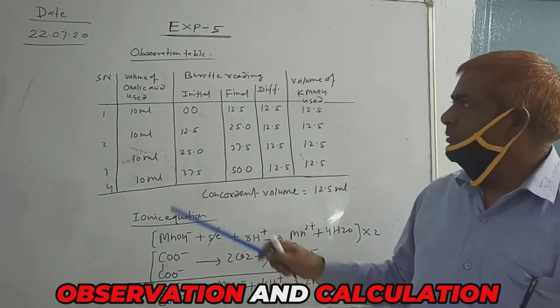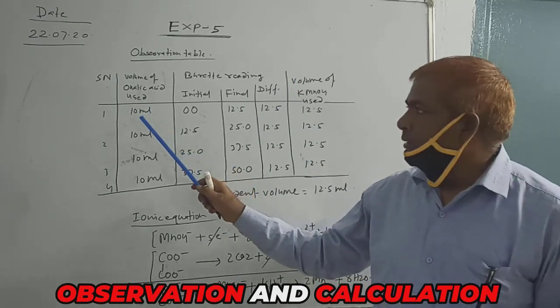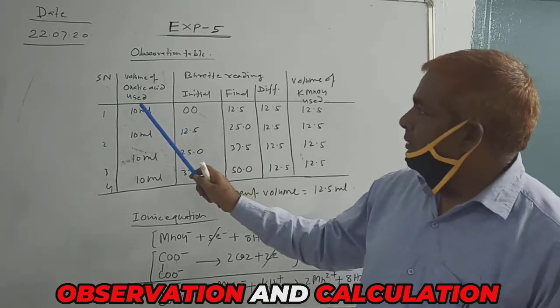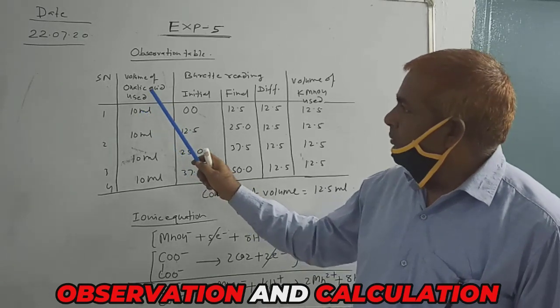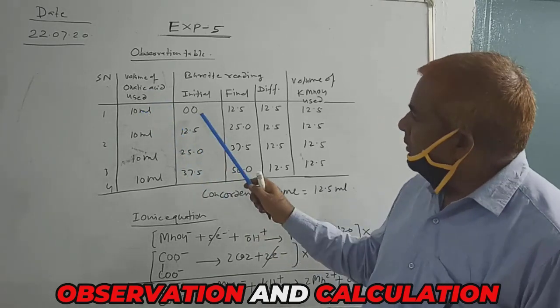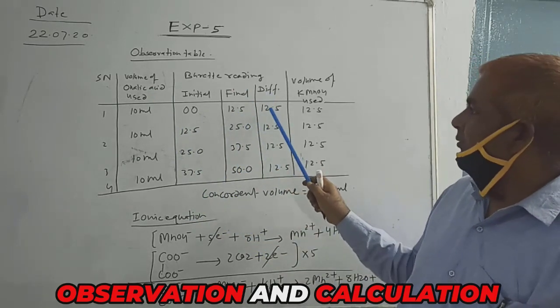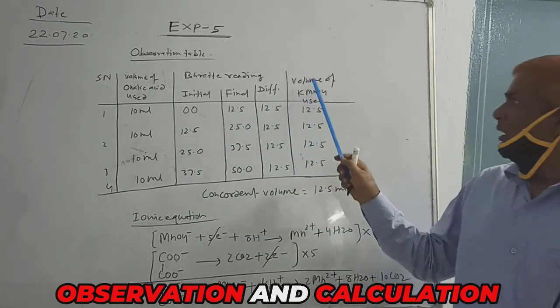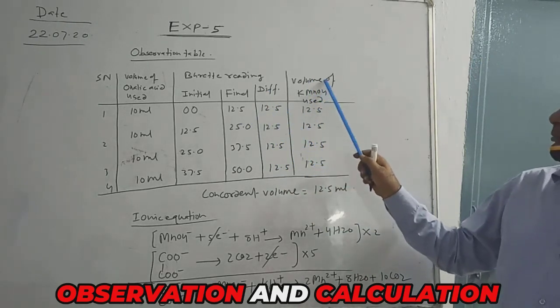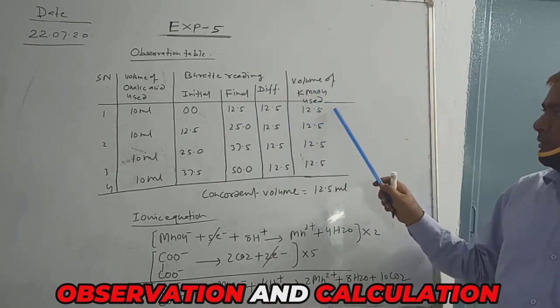For the first observation, 10 ml volume of oxalic acid used, initial 0, final reading observed 12.5, difference is 12.5, and the volume of chemical used is 12.5.